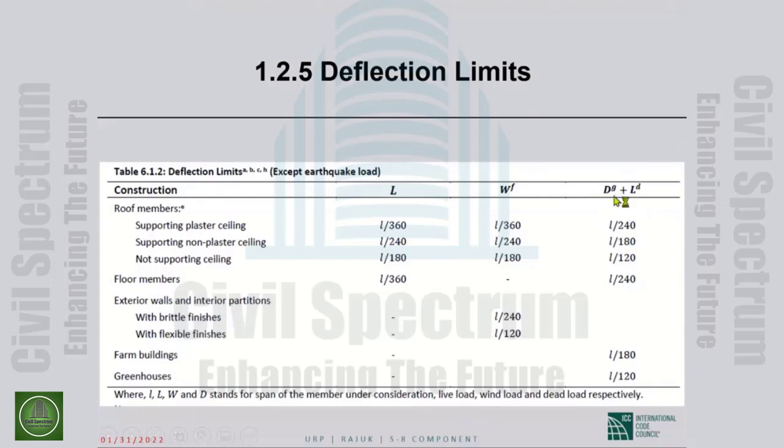So when it says dead and live load, if you go by the serviceability load combination of the code, you will probably be looking at dead plus half of live, the sustained dead load plus half of live.